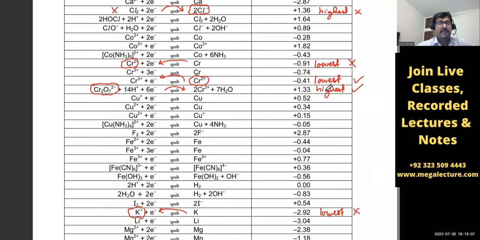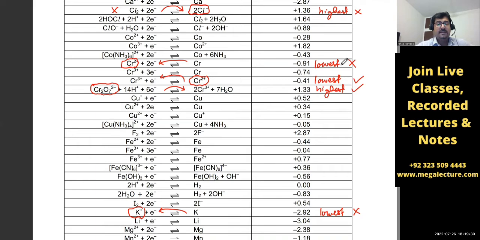The only thing you have to be careful about is, if you select anyone as the highest potential, that's the one that's going to gain electrons, then it should be your reactant that is gaining electrons. It has to be Cr2O7. Otherwise you reject it, as we rejected Cl2, because I did not have Cl2. And when you select the lowest potential, it has to be your reactant that is losing electrons.